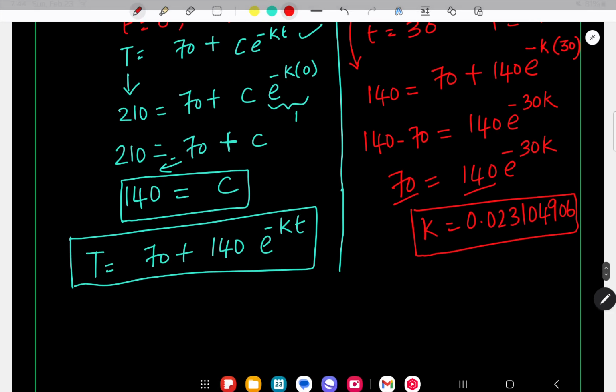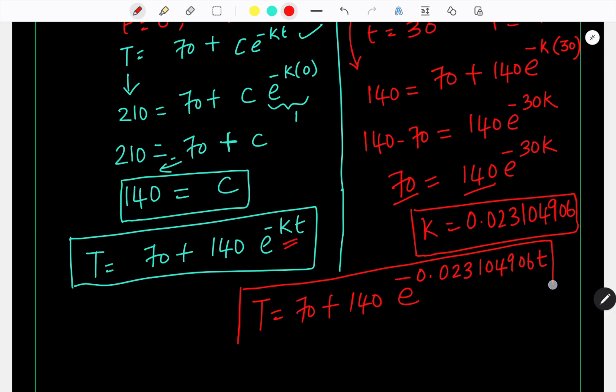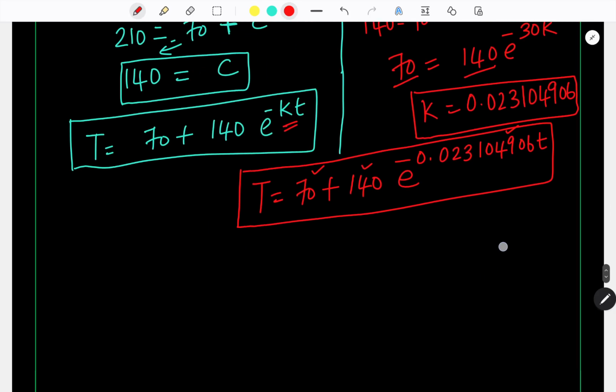T equals 70 plus 140 e power minus 0.023104906t. So this is your equation solution. Constants are all calculated.